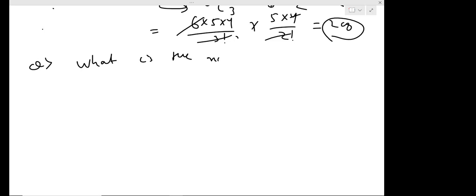What is the number of ways... playing cards?